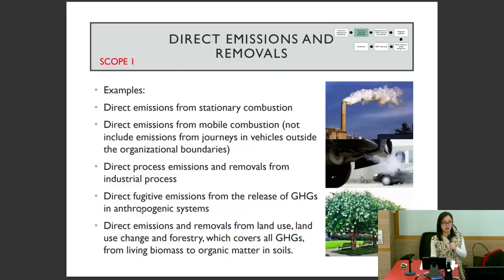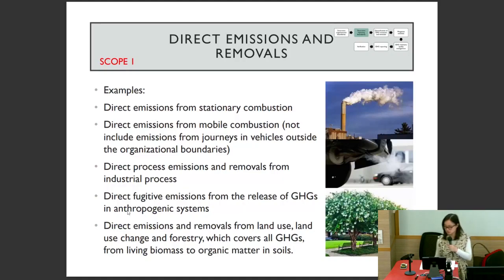Maybe there is leakage of refrigerant in the air conditioning system, and the refrigerant, like some HFCs, are also greenhouse gases. Then these leakages of greenhouse gases from the system would also be direct emissions.